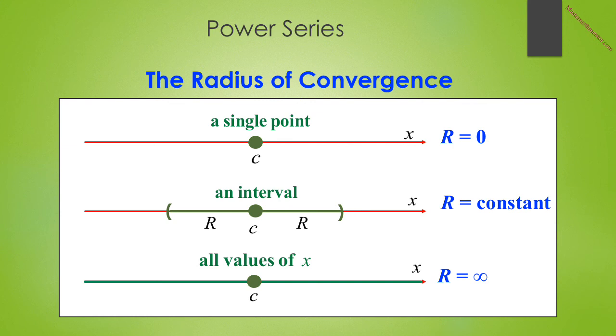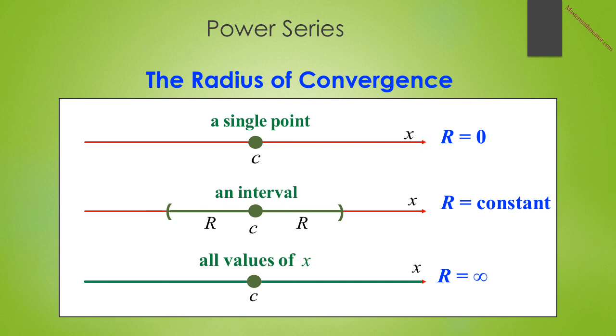There are 3 possibilities to determine the radius of convergence r, as shown in the picture. First, we can have convergence at a single point, which is the center of convergence. If that is true, then our radius of convergence r is 0. Second, our series can converge at c and all points around c within some interval.